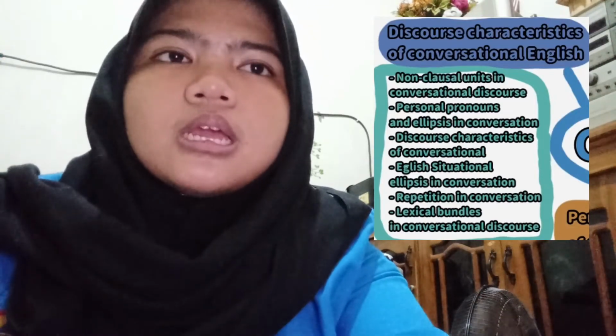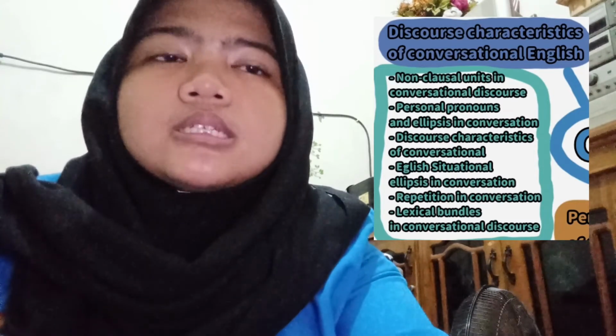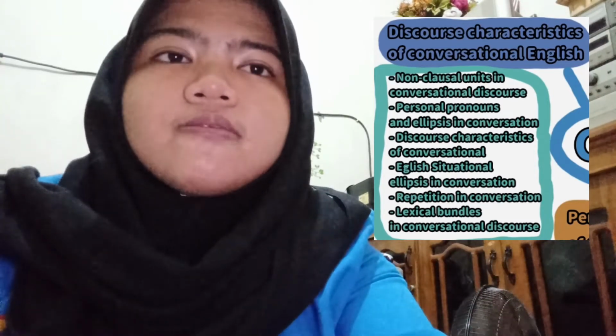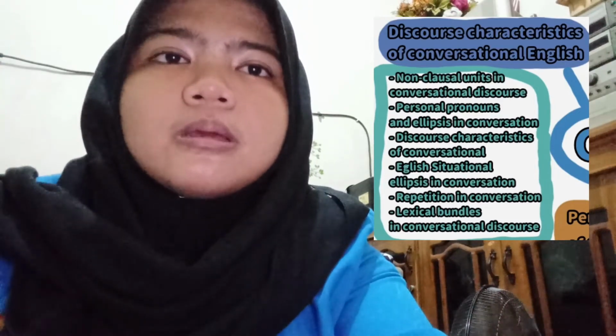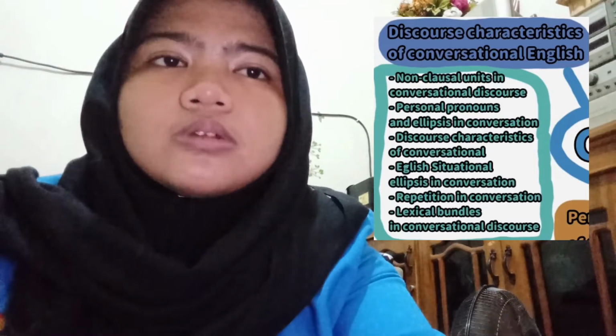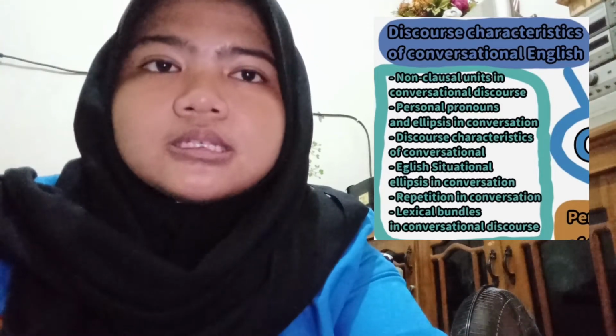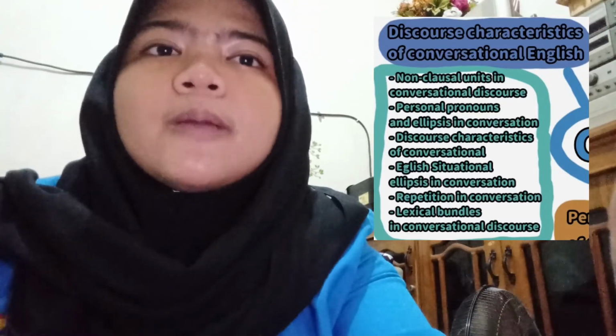Personal pronouns and ellipses in conversation. The meaning of this item and what has been left out of the conversation can usually be derived from the context in which the conversation is taking place. Situational ellipses in conversation.